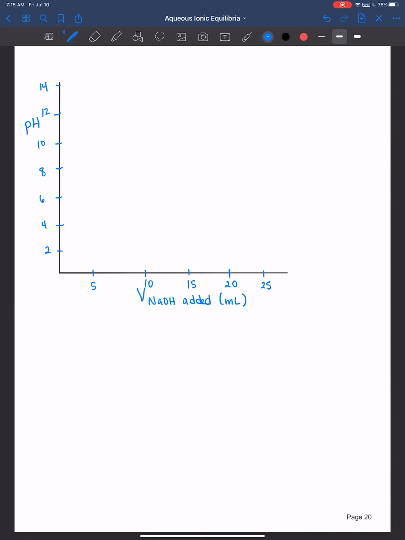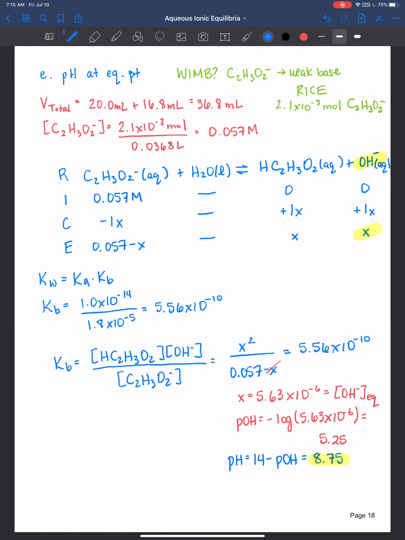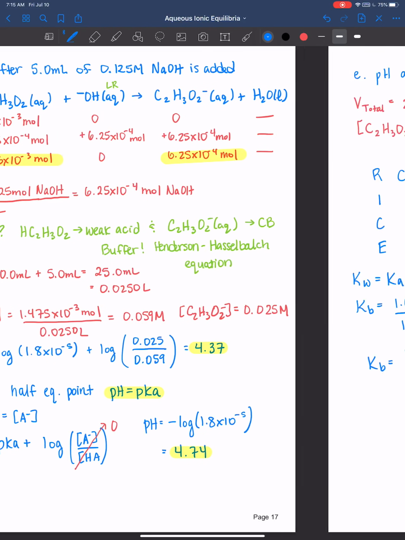So we found that the pH was a little bit above 2 when 0 amount of the sodium hydroxide was added. I'll have to go back again and find after 5 milliliters was added. We found the pH to be 4.37.